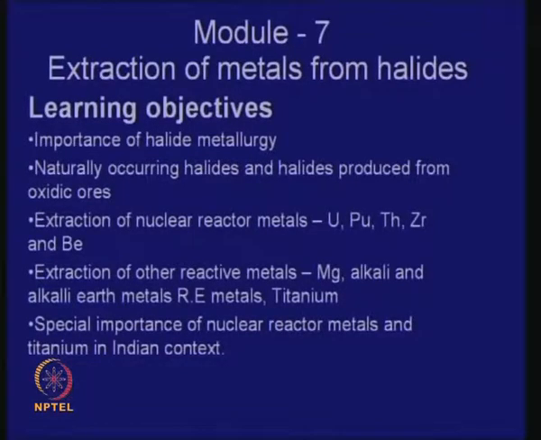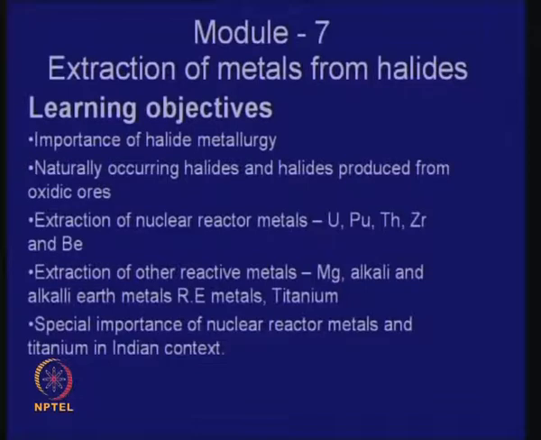So, uranium, plutonium, thorium are the elements which will be required in nuclear energy production. Zirconium has a different role. It comes in the construction of tubes in which the nuclear metals that will undergo fission will be contained.